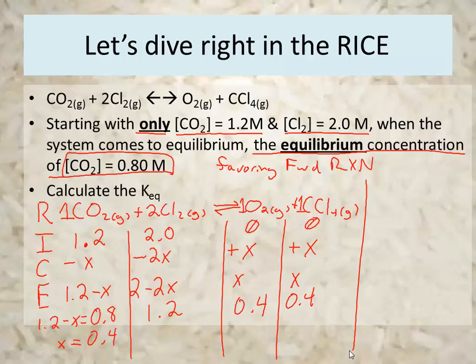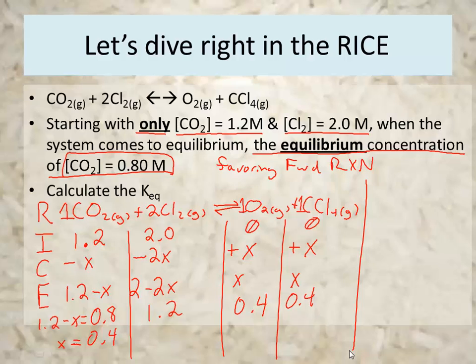So now, how is 1.2 minus X 0.8? Because I started with 1.2. My initial CO2 concentration is 1.2. I have subtracted X. And I know that my equilibrium concentration of CO2 is 0.8. So I started with 1.2 and ended with 0.8. What's my change?